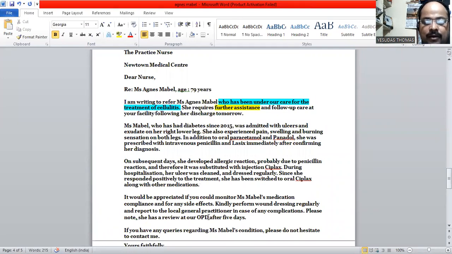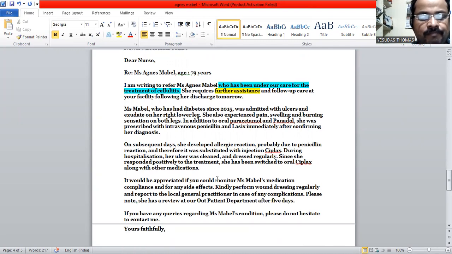Now I can go with the full form there, because we do have enough word space.